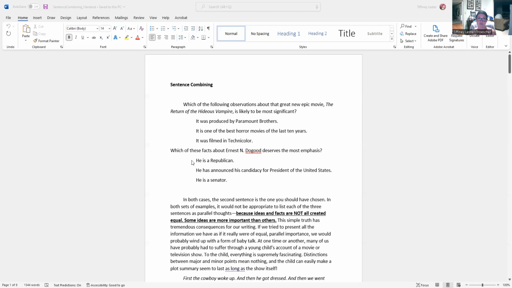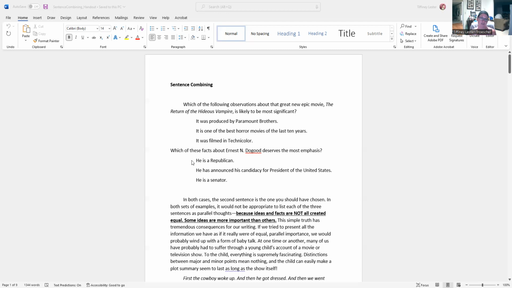And it doesn't really help your reader fully understand how all of these ideas are related, which ones are more important, which ones aren't as important. We use different techniques to create longer, more complex sentences.